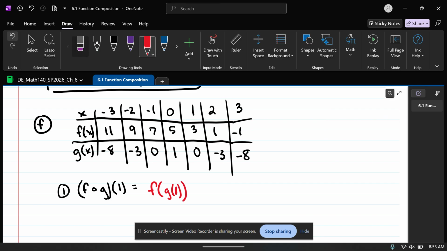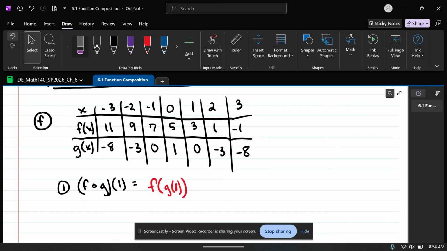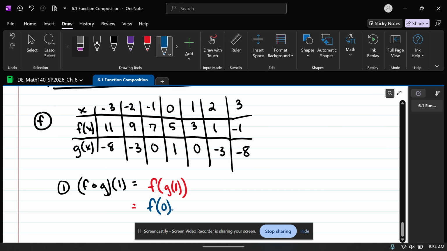To find g of 1, I go to 1 as the x value. And what is the y value for g of x at 1? 0. So because g of 1 is equal to 0, I'm going to be finding f of 0.